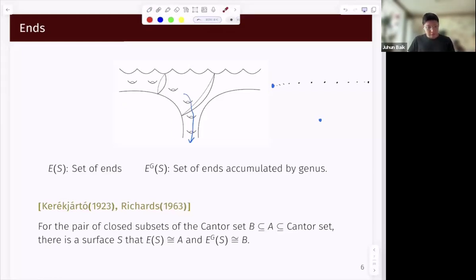Kerékjártó and Richards proved that those two will completely characterize the infinite type surface. So for any infinite type surface, the end space and the end space accumulated by genus give a complete characterization. And those two are just nested closed subsets of the Cantor set.